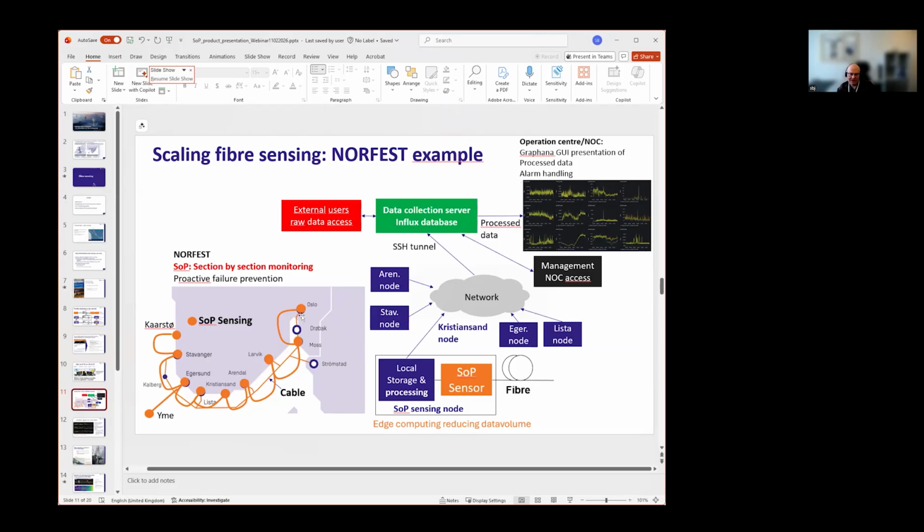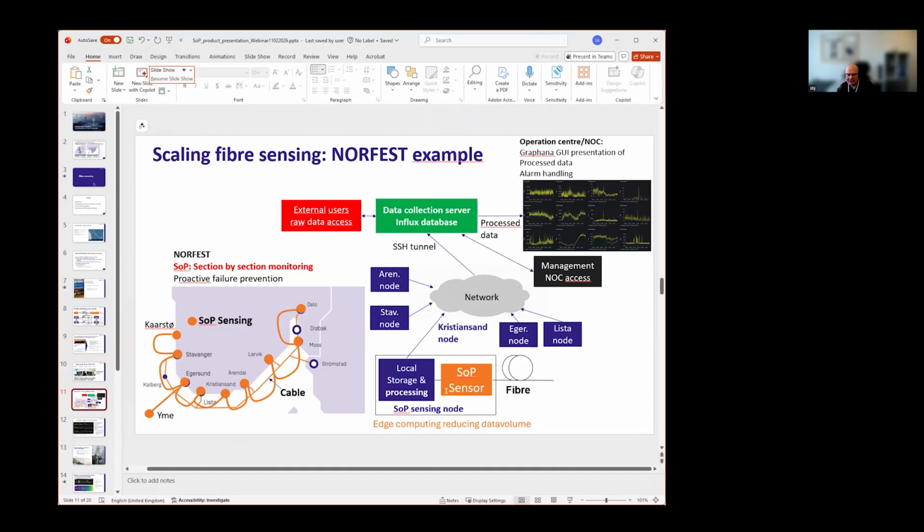It's mostly noise, because all events along the whole path will be visible, and that may be very hard to distinguish what is what. So monitoring section by section, more like a high density SOP monitoring, makes sense in practical cases. That's what we see.